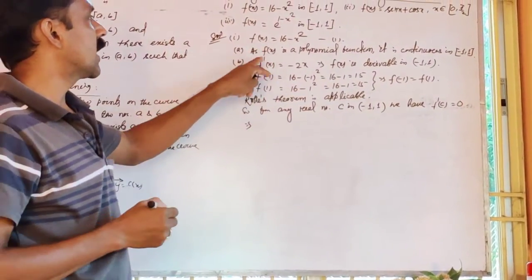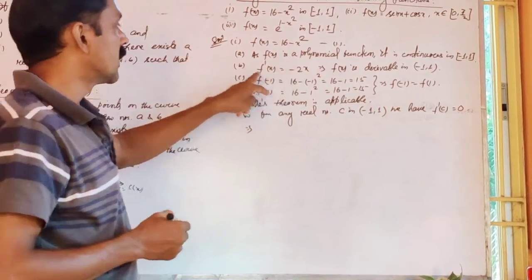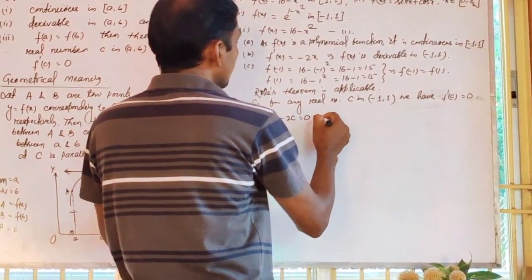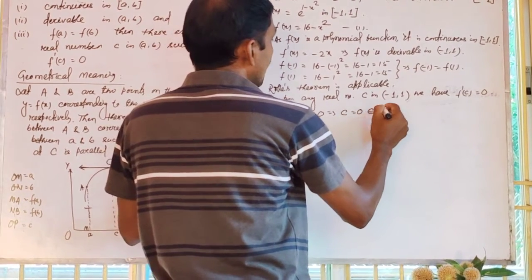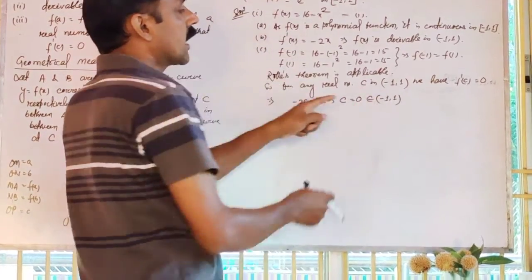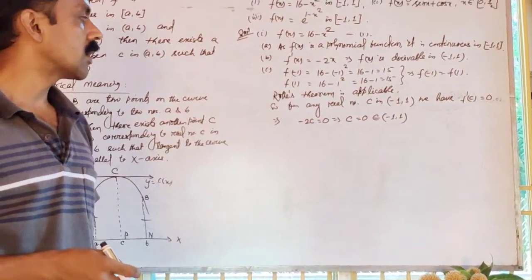Now what is f dash of x? It is minus 2x. So f dash of c will be minus 2c equal to 0. So it implies c equal to 0. And you can see that this 0 is clearly lying in this interval minus 1 to 1.